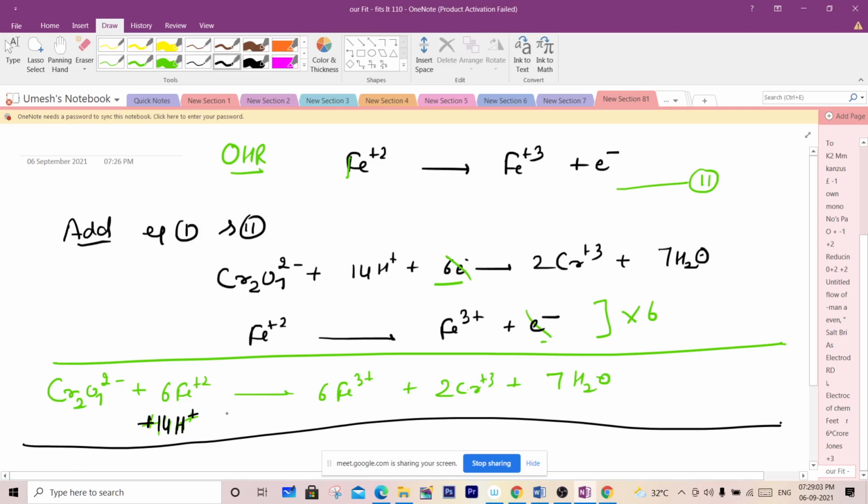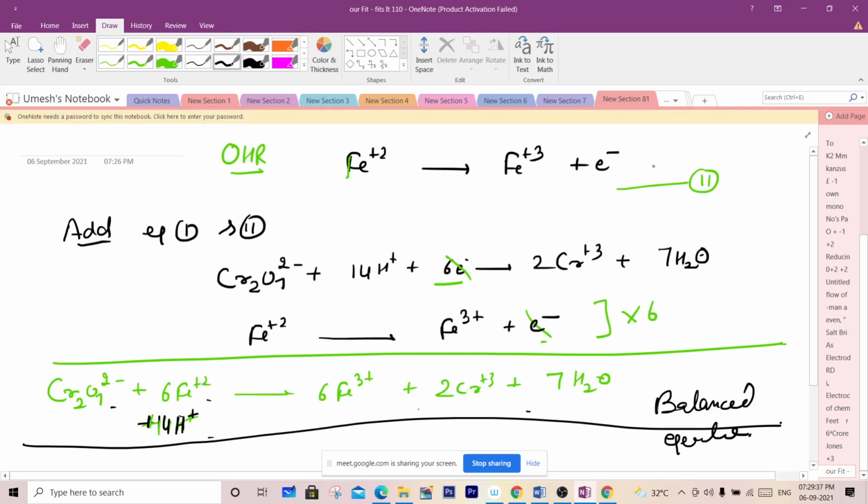Understood? Now you can see everything is balanced in the last equation. 2 chromium both the side, 6 iron both the side, 14 H both the side, 7 oxygen both the side. This is a balanced chemical equation. Yes or no?